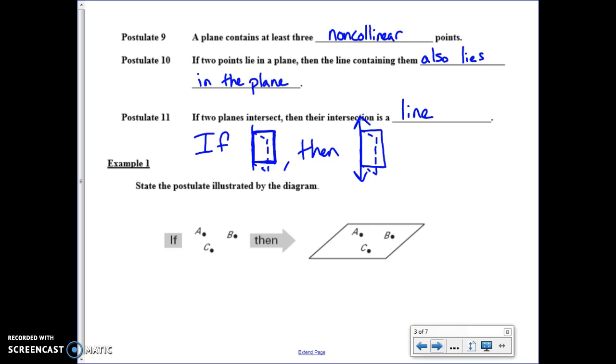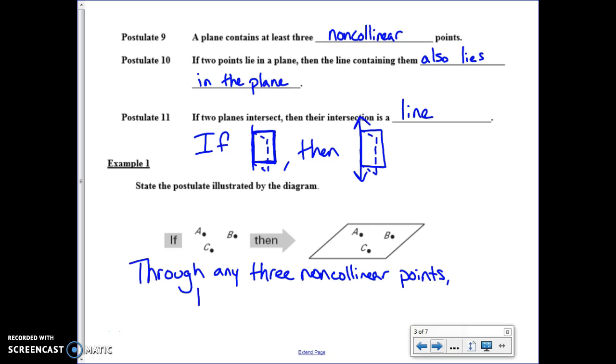So if you flip back to the page before, that one looks like through any 3 non-collinear points there exists exactly one plane.